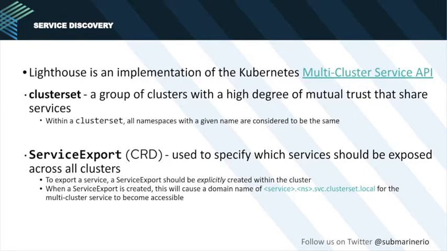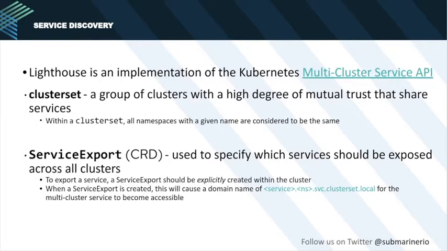Submariner implements via the Lighthouse subproject the multi-cluster services API. The multi-cluster services API describes a cluster set as a group of clusters with a high degree of mutual trust that share services between them.